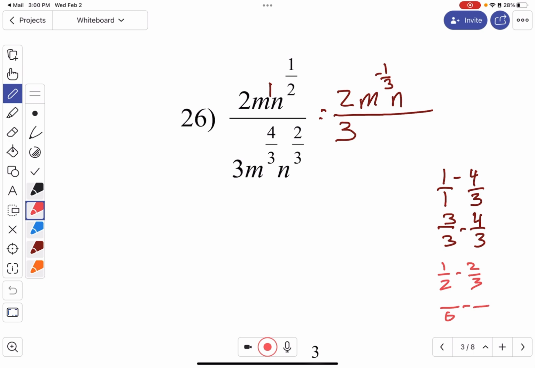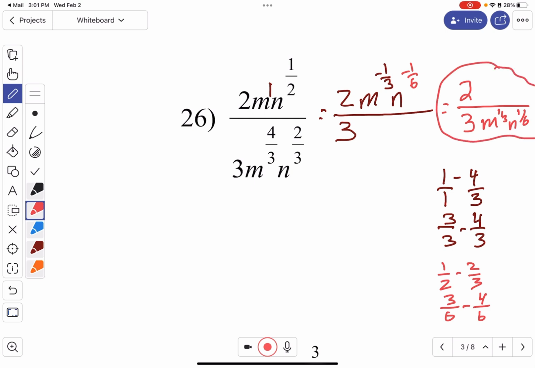So our common denominator is 6. So 1/2 is the same thing as 3/6, 2/3 is the same thing as 4/6. So that gives us n to the negative 1/6. We don't like negatives, so the 2 is going to go on the top. The bottom is going to be 3, m to the 1/3, n to the 1/6. There's number 26.